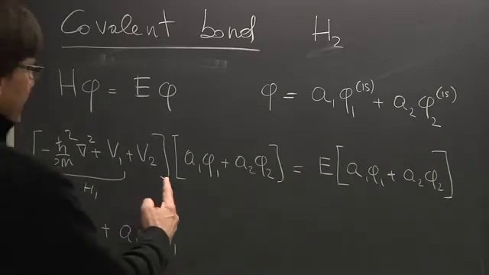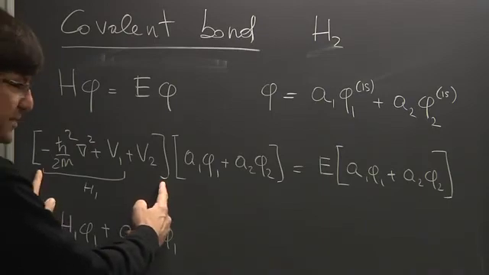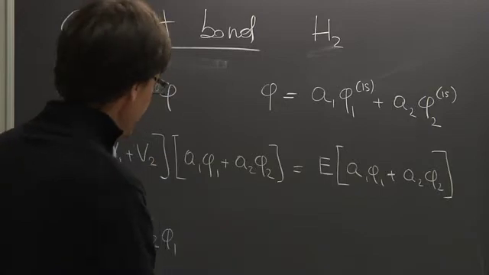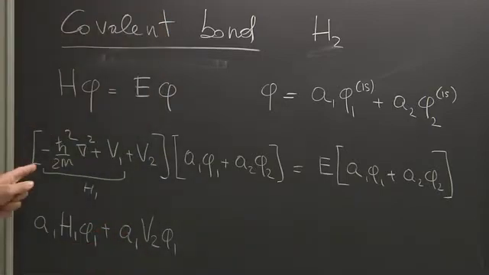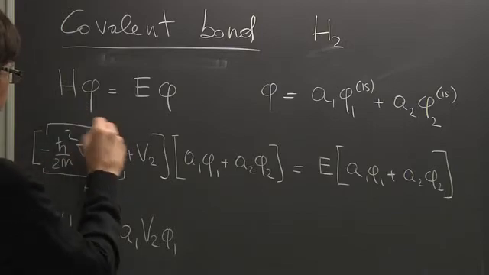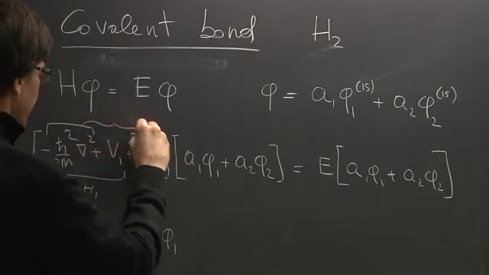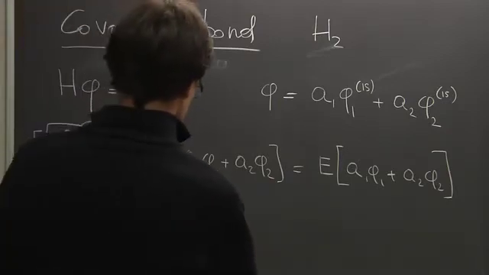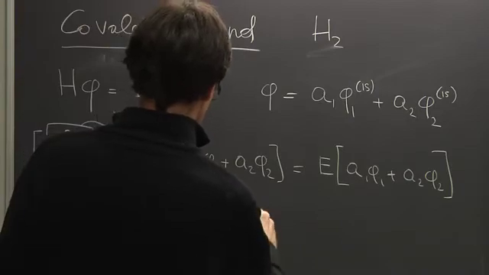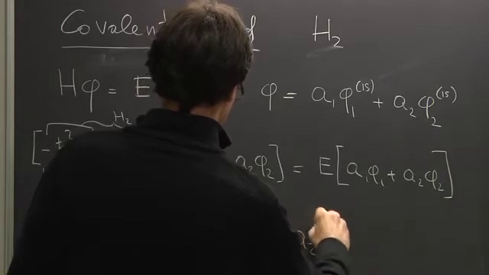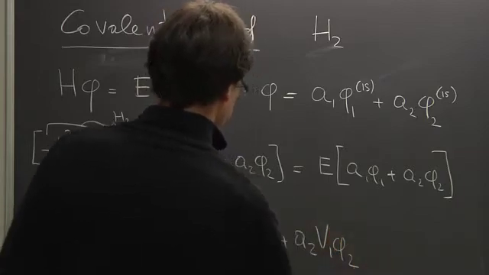Let me now apply, again, the left-hand side to the second part of the product, phi 2. If I do that, however, I decompose this in a different way. I'm going to now write it as H2 plus V1. It's equally good, right? V1 phi 2.